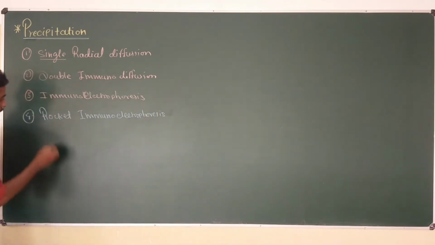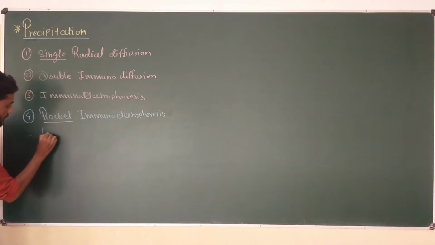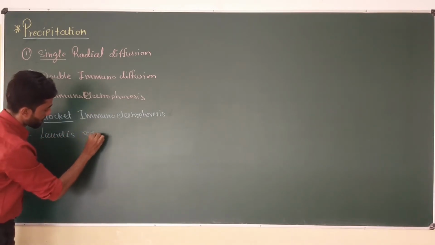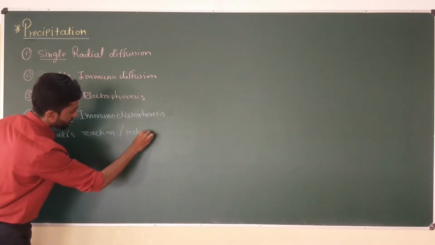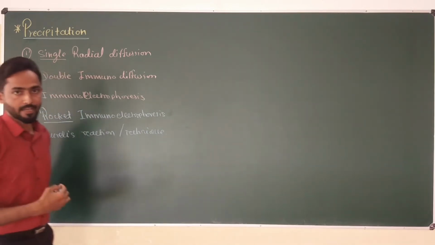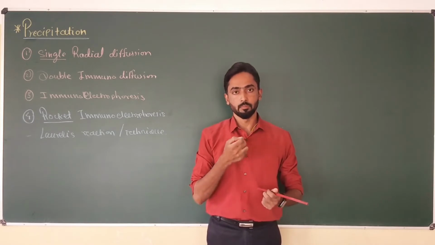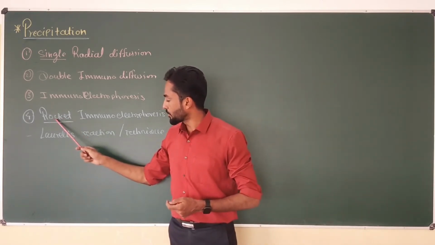This rocket immunoelectrophoresis is also called Laurell's reaction or Laurell's technique, because Laurell developed this technique to determine the concentration of unknown antigen from a mixture of antigens.